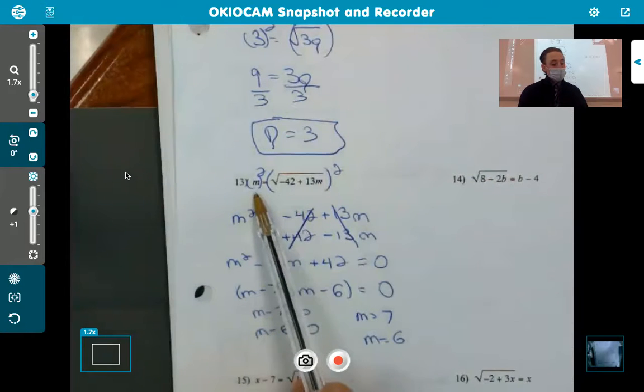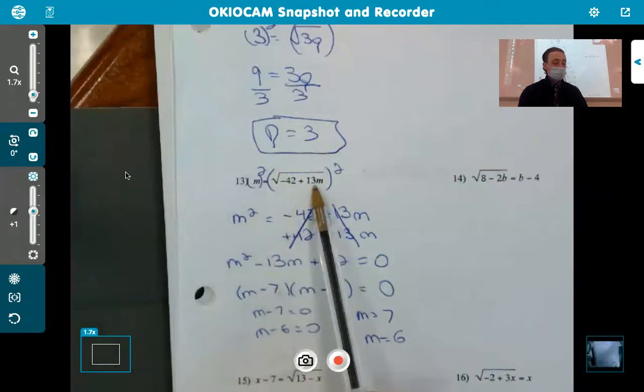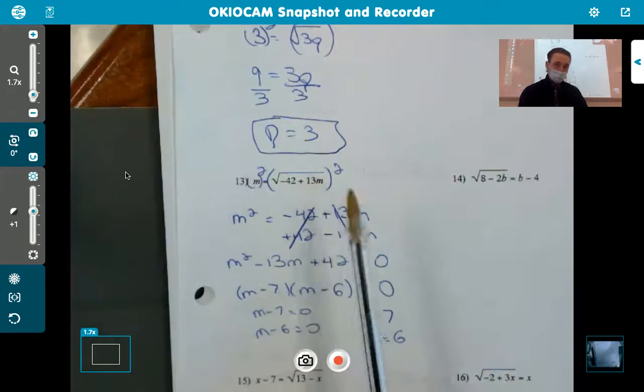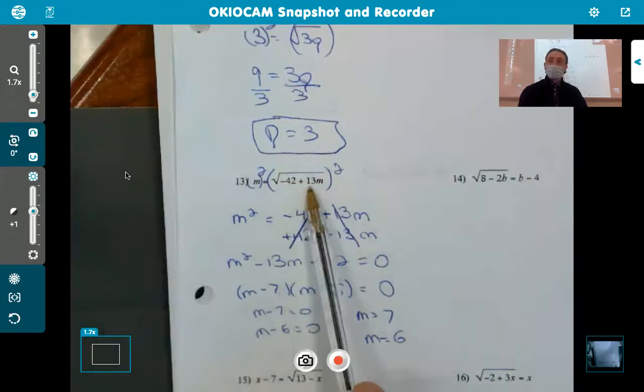If I have 7, I plug that into my original equation, all right? What's 13 times 7? Use calculator if you need to. 91. Then what's negative 42 plus 91?